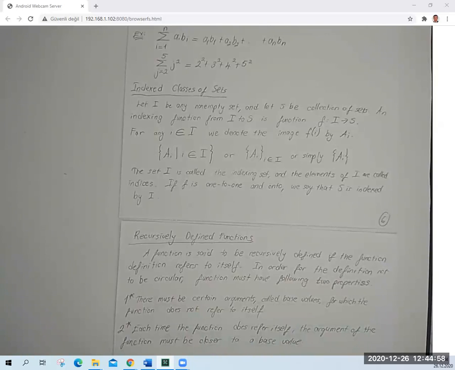So these are the two properties of a recursively defined function.